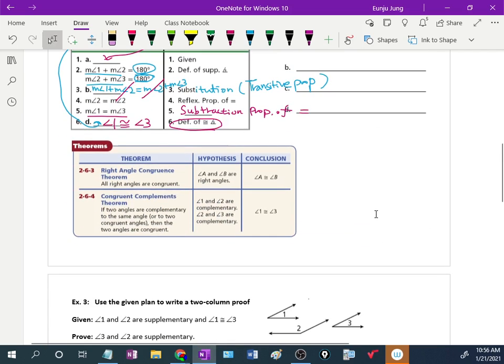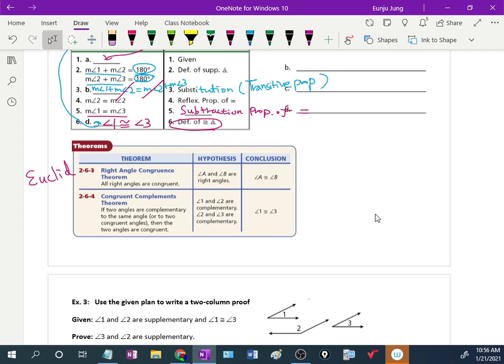So here we have some theorems. If you see theorems, we must memorize them, okay? Right angle congruence theorem. Euclid, about 300, 400 years ago BC, stated this: all right angles are congruent.